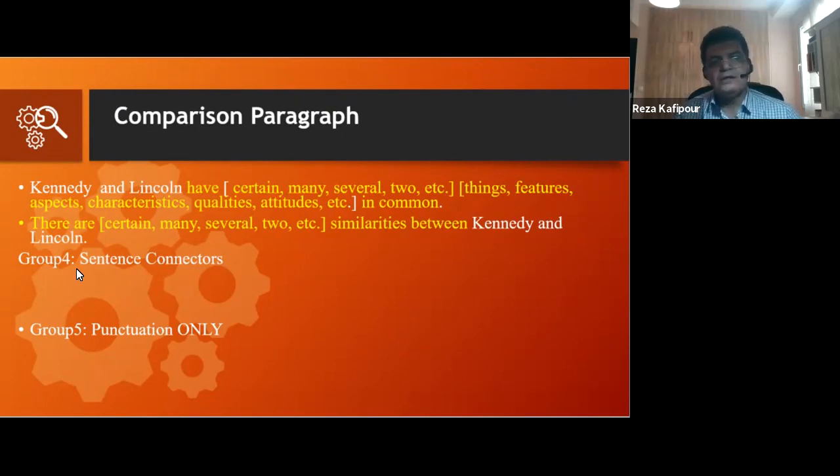So let's go to the fourth group. The fourth signal is the use of sentence connectors to show similarities between two persons or two concepts or two objects. So what are the sentence connectors used to show similarities?